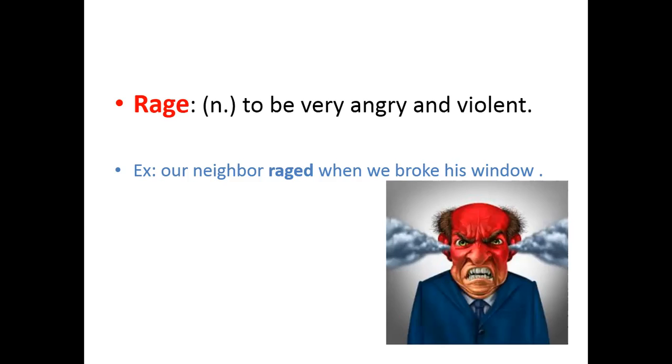And we can use it as a noun, as when we say our neighbor got enraged when we broke his window. So the same word could be used either as a verb or a noun, depending on its place in the sentence. Rage means very angry and violent, extremely mad.